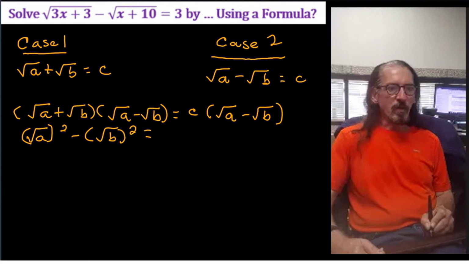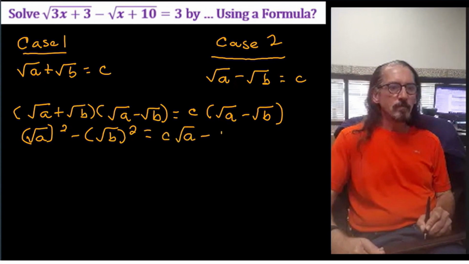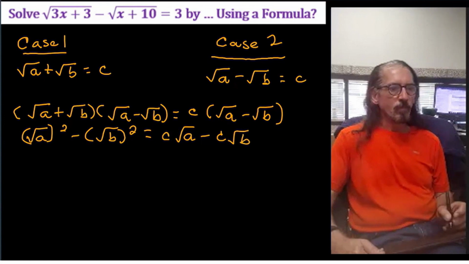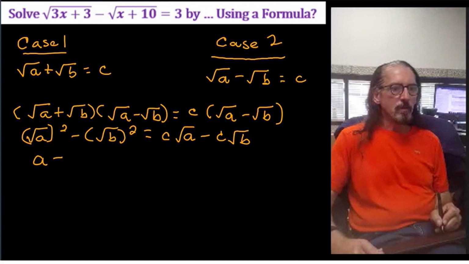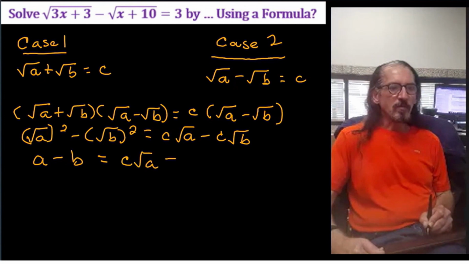Distribute on the right-hand side. And squaring the square root of a and the square root of b, we'll have a minus b equaling c square root of a minus c square root of b.